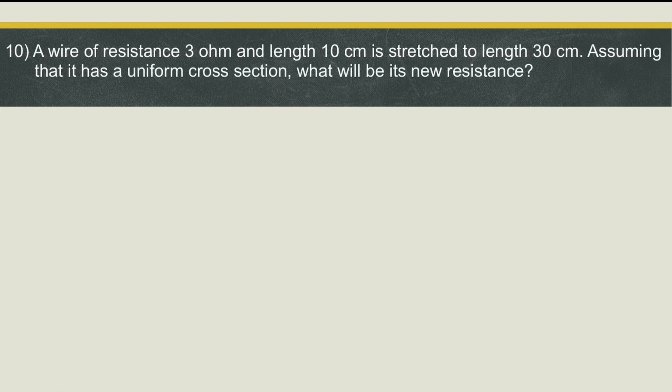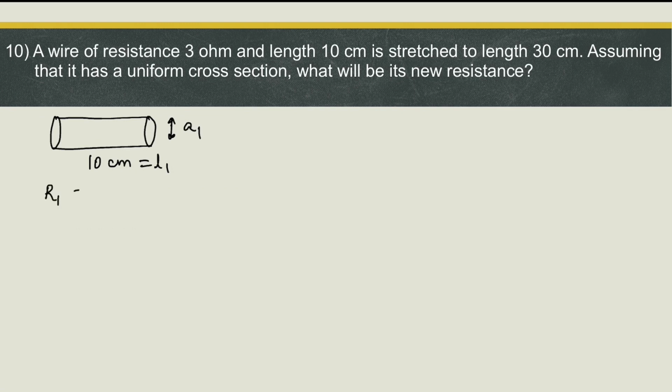Next, a wire of resistance 3 ohm and length 10 centimeter is stretched to length 30 centimeter. So initial length is 10 centimeter. Now, when length is 10 centimeter, L1, area is A1.